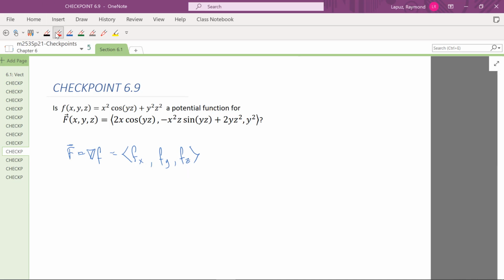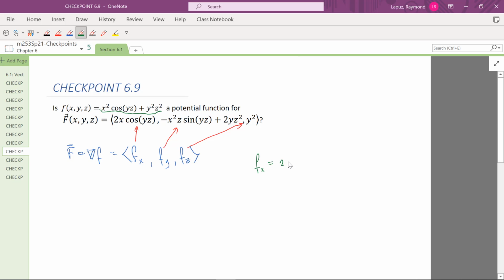So if these components match up, then we can say that little f is a potential function for the vector field capital F. Well, let's just check. Let's take this little f function, take the derivative with respect to x.